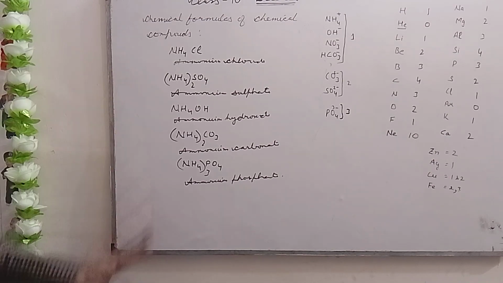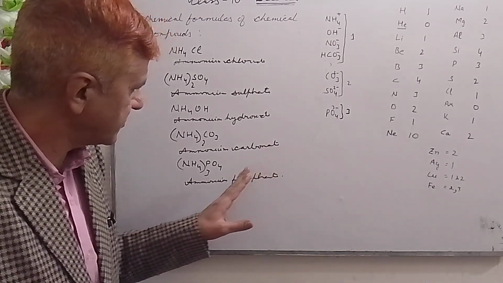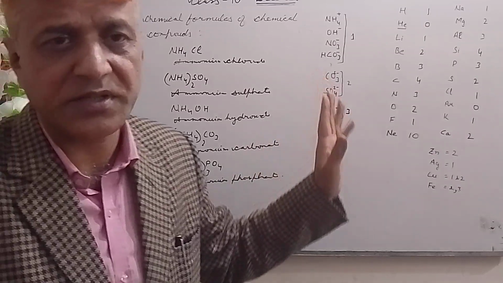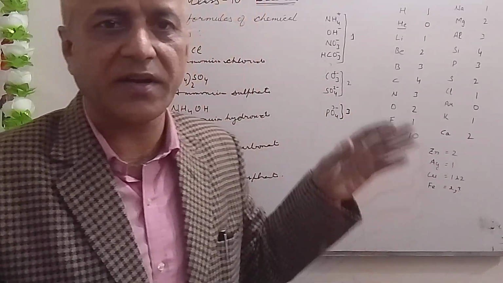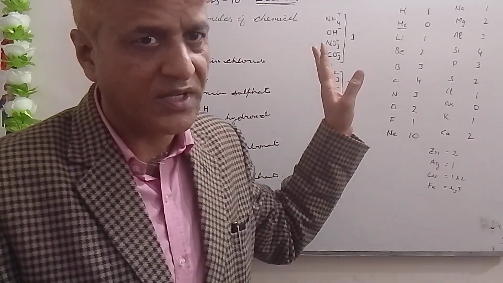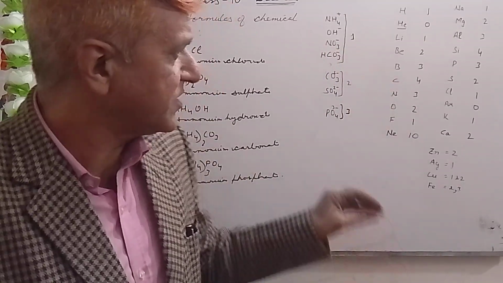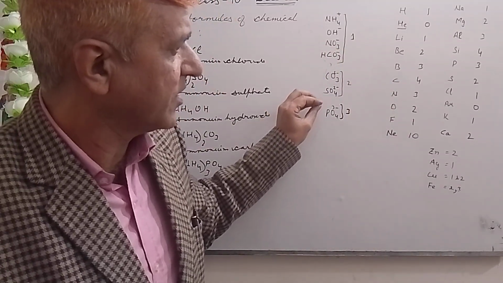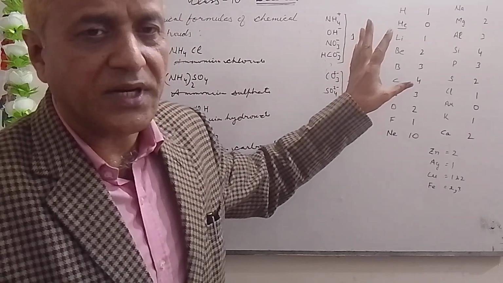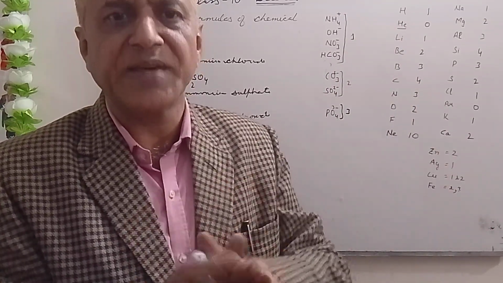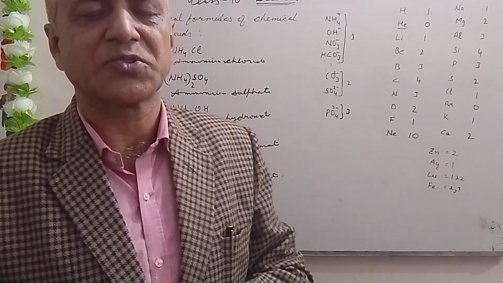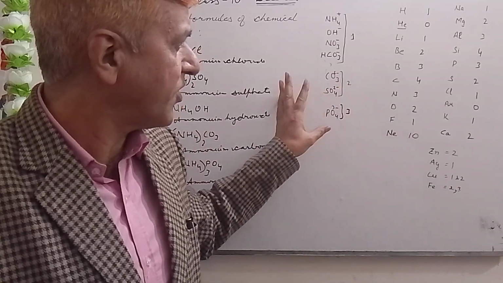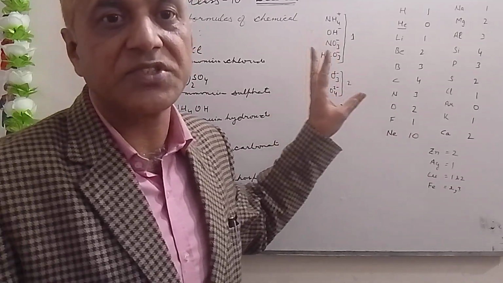So my dear students, we have taken so many examples of chemical compounds to understand how to write chemical formulas of various chemical compounds. So in this way, you can write chemical formula of any chemical compound. This is actually the most important thing of chemistry which you have learned.